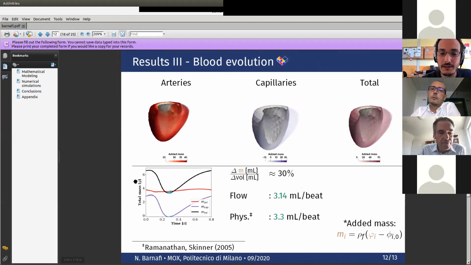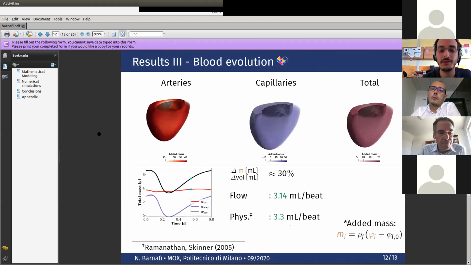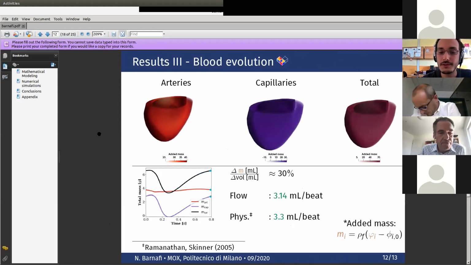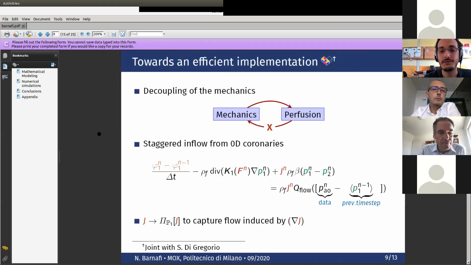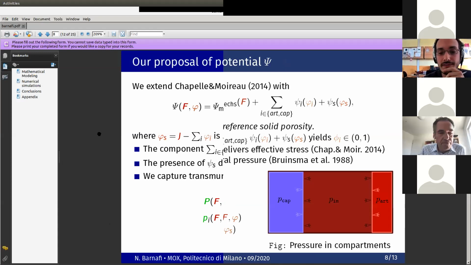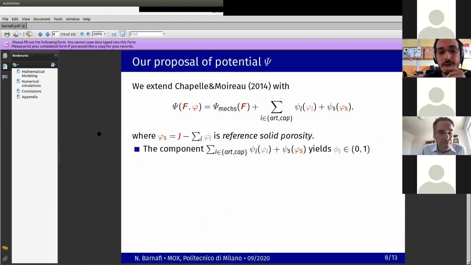So we see that this is actually not the case, and it has also been validated through transmural results performed in other works by Chapelle and his collaborators. So that's from the point of view of the physics. I wanted to give another intuition for this.